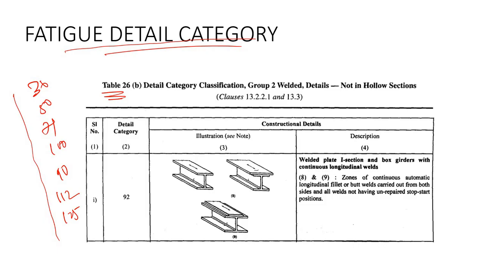So we are assuming that we have a welded I section, and at the top also, due to the rail, we have an extra plate, and the code specifies this falls under category 92.